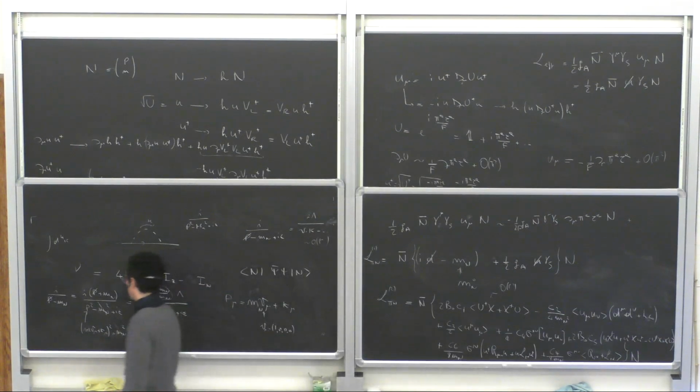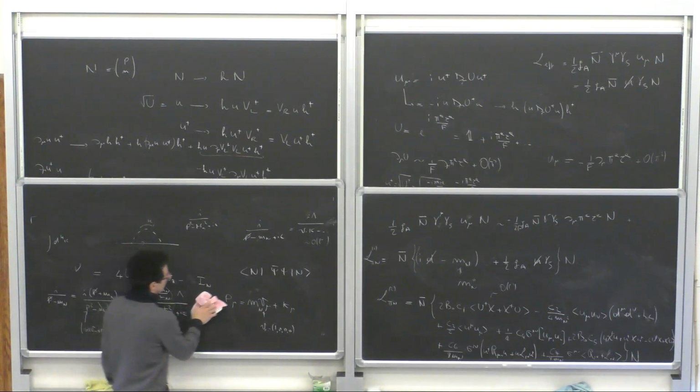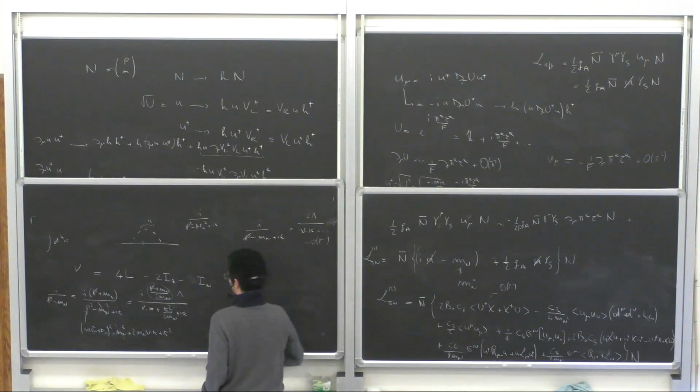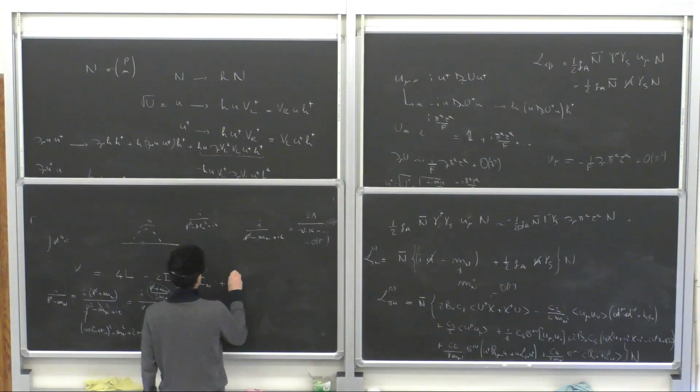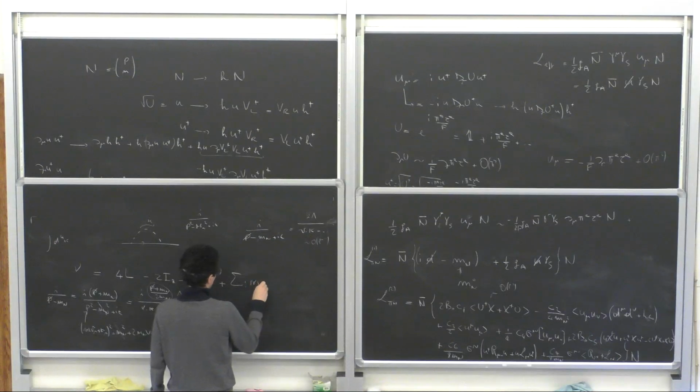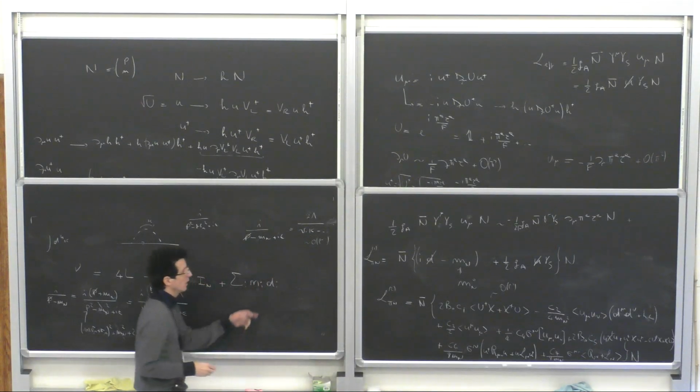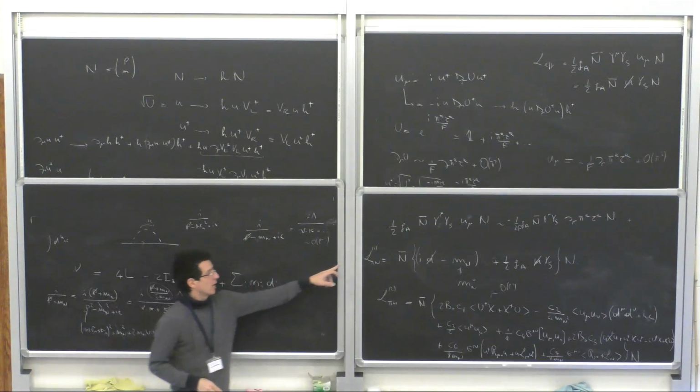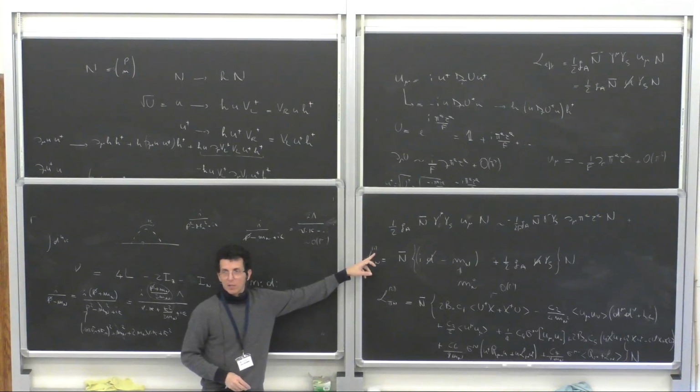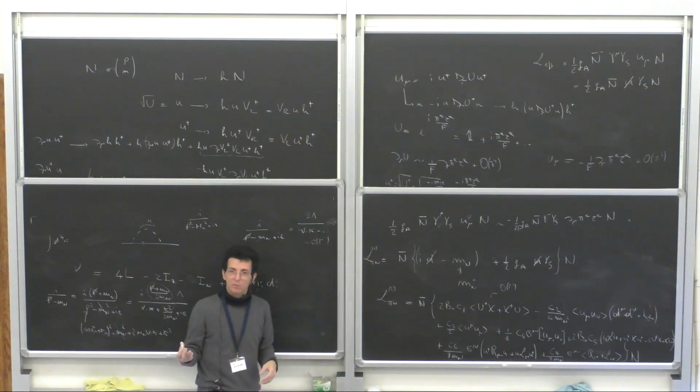And then there are the vertices, as usual. This d_i is the chiral power, the number of derivatives, for instance, or it depends on the number of quark masses.